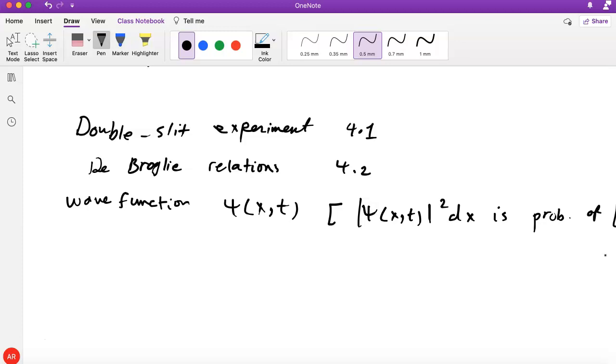So talking about matter waves, again, we make this analogy with waves and try to make use of the de Broglie relationships, and found that for free particles the wave function satisfies this.